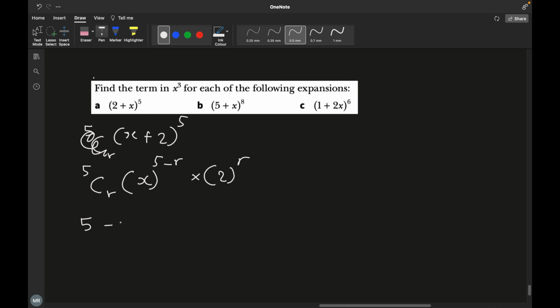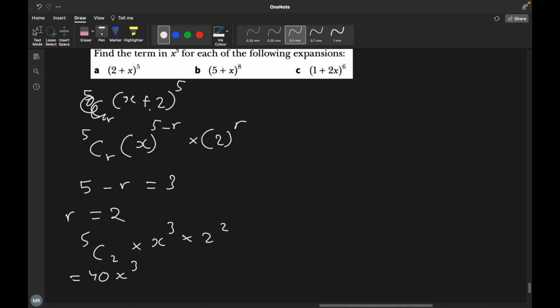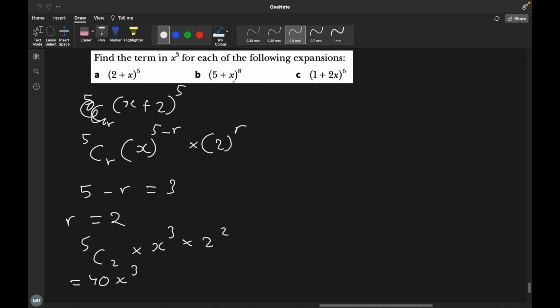So therefore 5 minus r will be 3. So r is 2. This is going to be 5c2 multiplied by x to the power of 3 into 2 squared. We get 5c2 is 10 multiplied by 4 is 40. So this is 40x cubed. This is a very quick and efficient method of solving such types of questions.